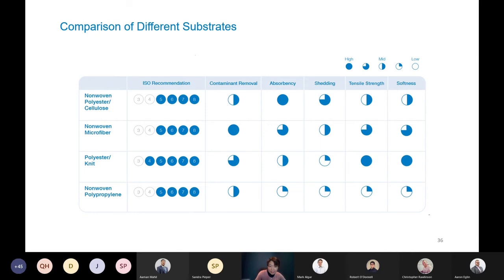Again, I'm not going to go through the details, and this is going to be a great takeaway for you to take home. Anytime you're trying to decide which substrate to use, you can take a look at this chart that can help you make the right decision for your clean room and cleaning.